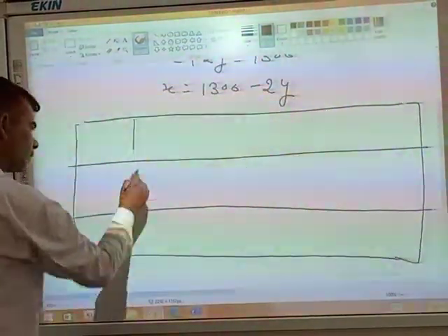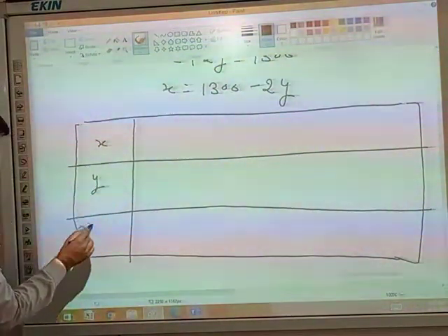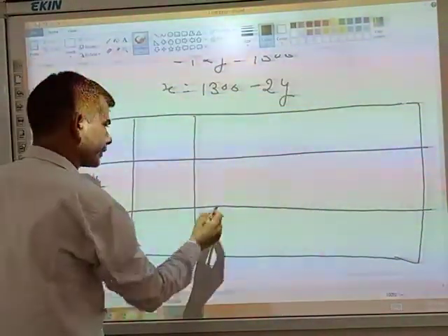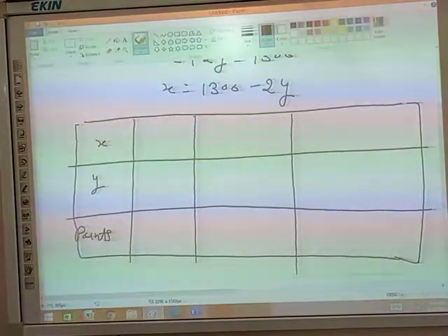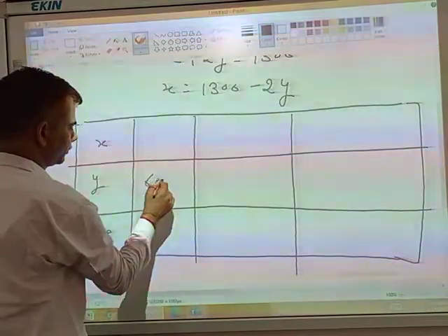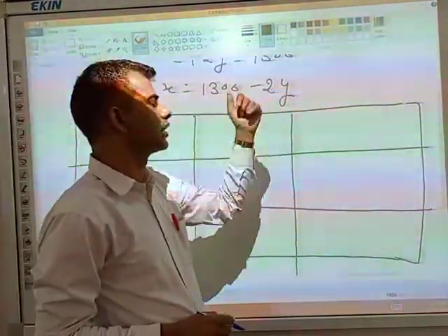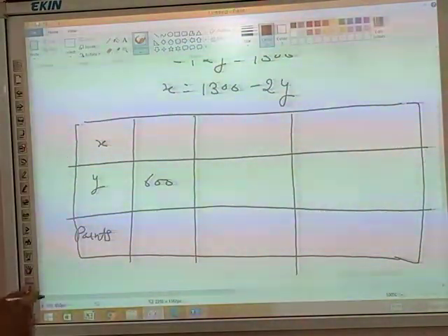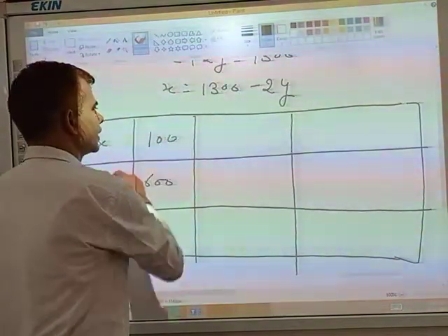x, y points. Students, replace y with 600. 2 into 600 is 1200. 1300 minus 1200 is 100.